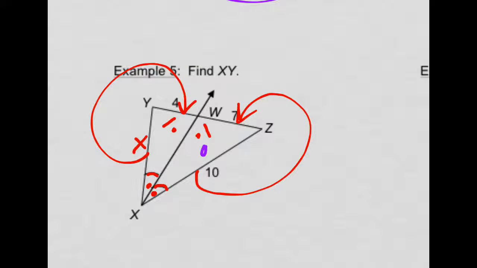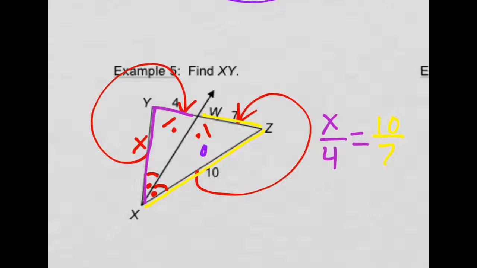So I'm going to do my proportions here. I'm going to take xy, and I'm going to say the value of xy is x, over yw, 4, equals xz, which is 10, over zw, which is 7.